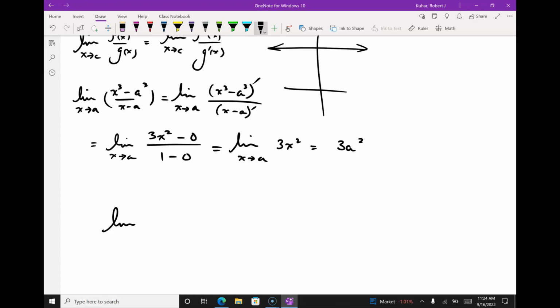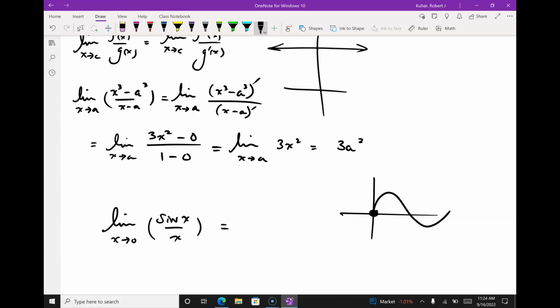Let's do this one. Limit as x goes to 0 of sine of x over x. What do I get there? Sine of 0 over 0, right? What is sine of 0? Sine of 0 is 0, yes? Whenever I'm doing a problem like that, I'm always drawing my sine curve and saying, where's sine of 0?